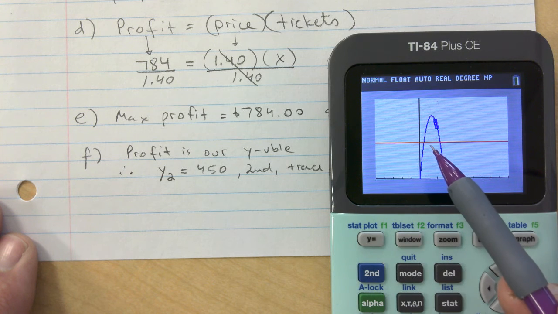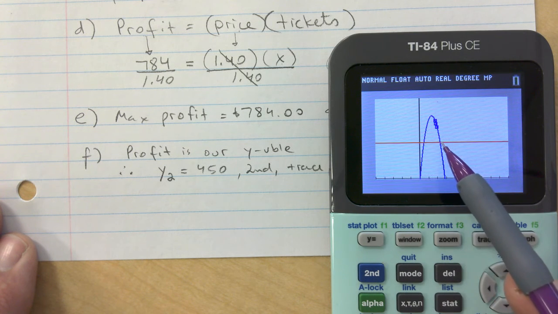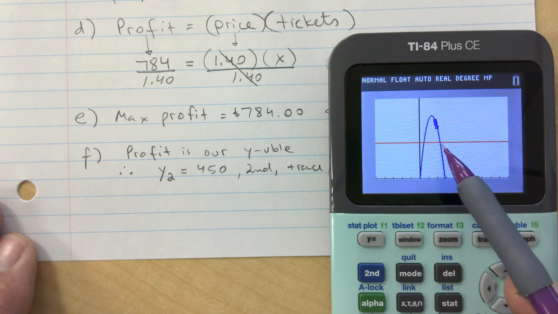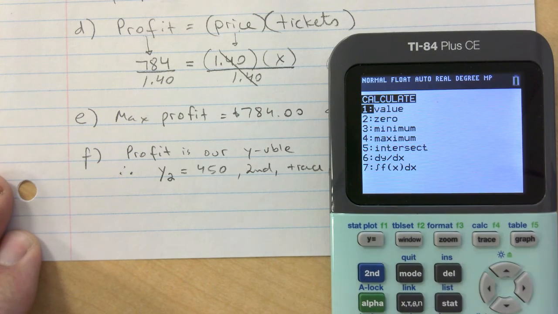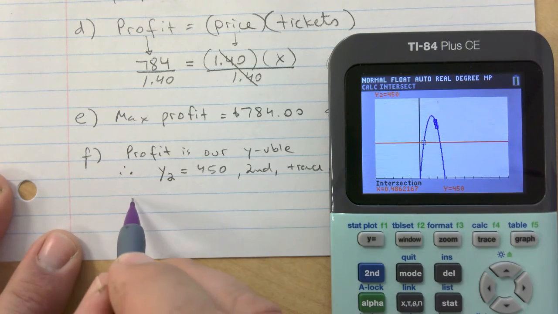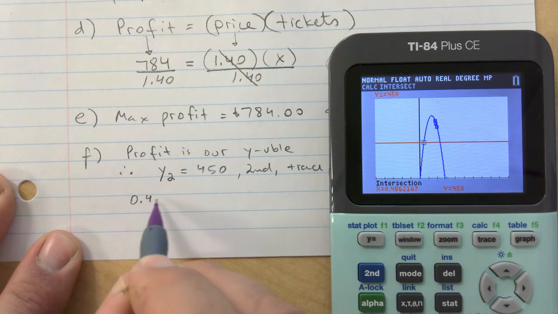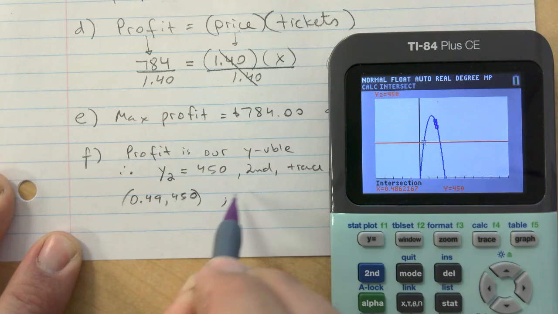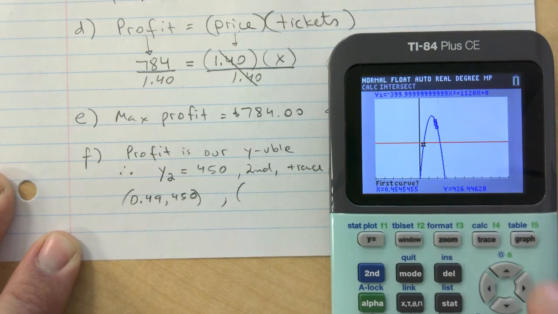There are 2 ticket prices that would result in that profit of 450. It happens once on its way up and once on its way down. So we're going to find them both. I'm going to find the leftmost, and that's 0.49, 450. Second trace 5.